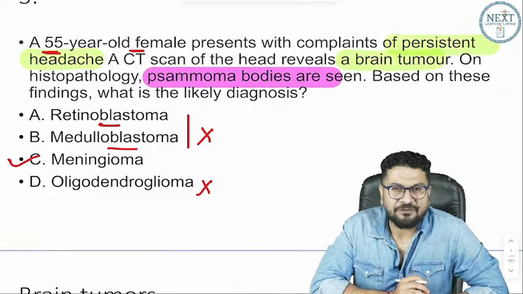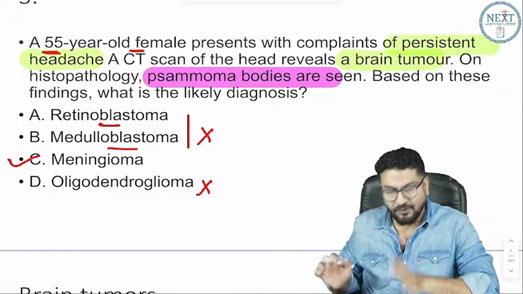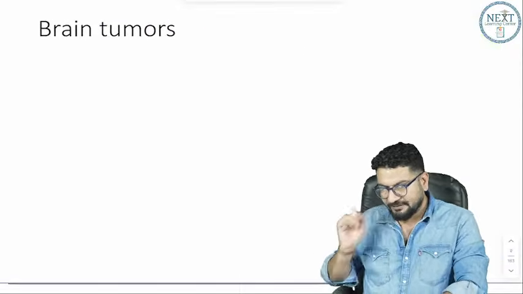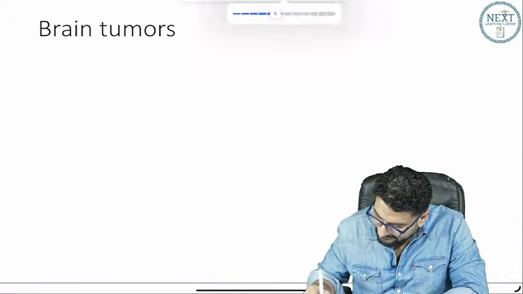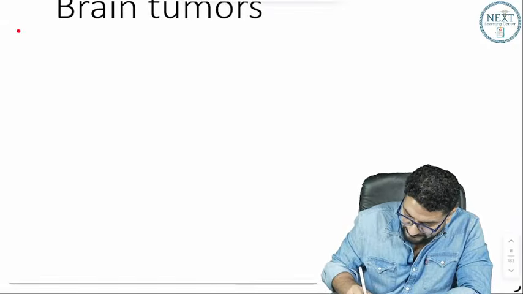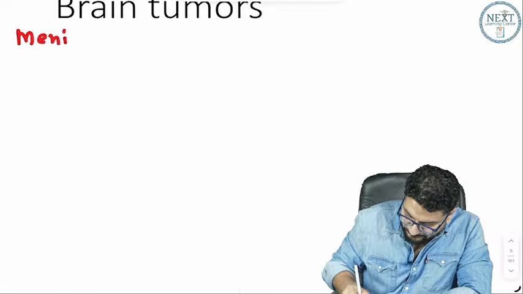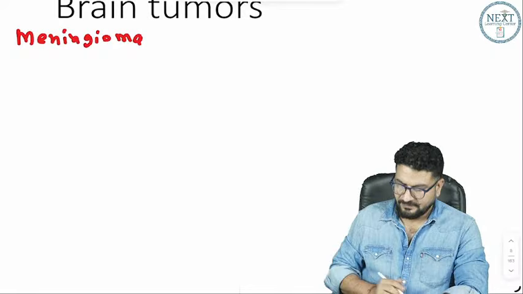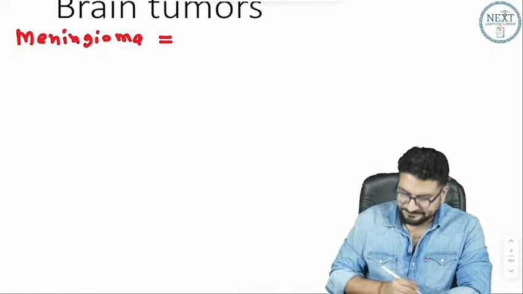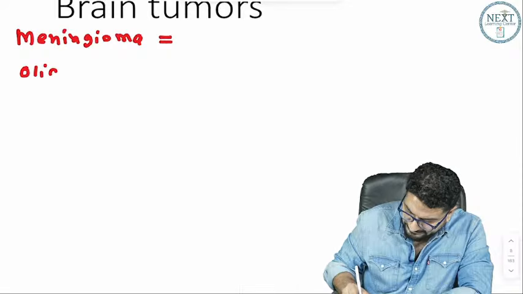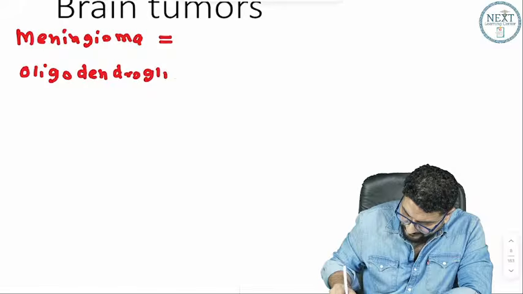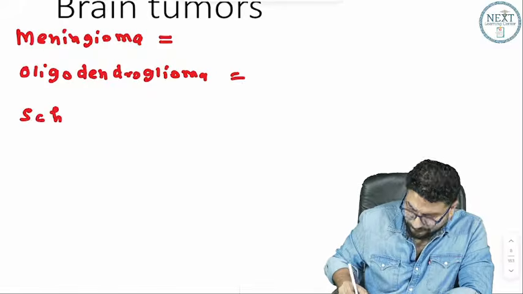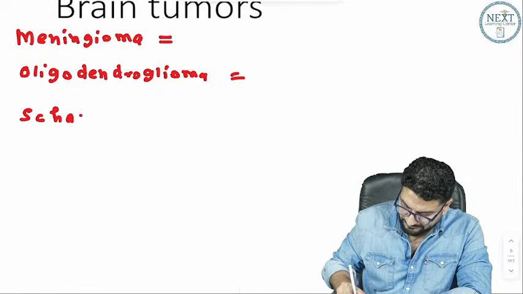Now you have to remember the details of all the brain tumors. So the next important topic will be brain tumor. What are the different types of brain tumor which you have to remember, and what are the questions they ask in the exam? First is meningioma, because nowadays they are not asking most common, least common. Next brain tumor is oligodendroglioma. Then it's actually a peripheral nervous system tumor, we call it schwannoma.